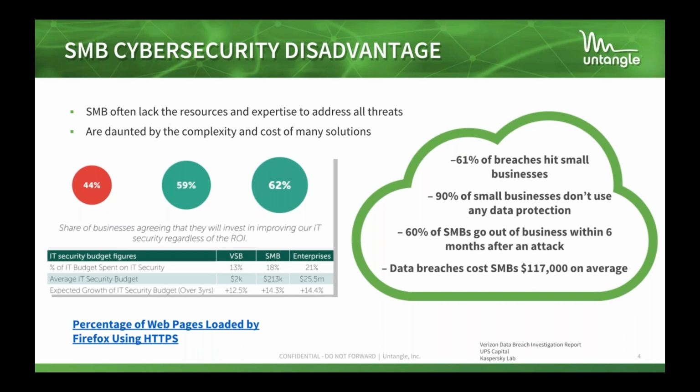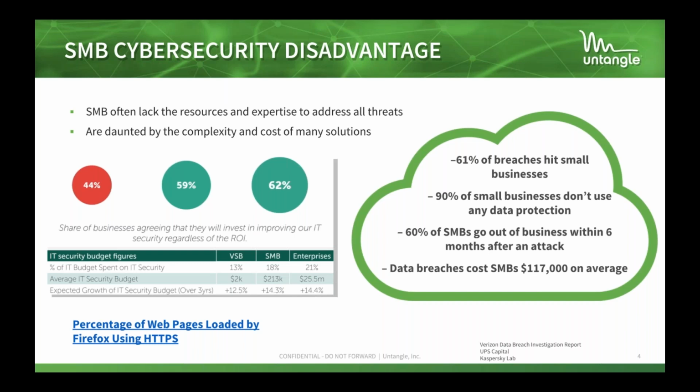Some of the stats here, just some of the share of businesses that are agreeing they won't invest on improving IT security, regardless of the return on investment. That's a pretty big number, right? So obviously, some businesses are more aware than others, and they're just a little more savvy when it comes to cybersecurity. But it's time for everyone to realize that we're all targets now.